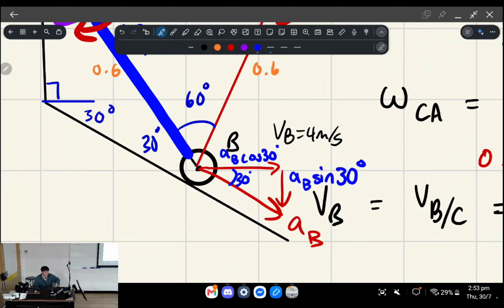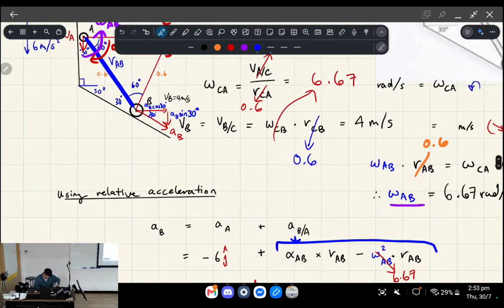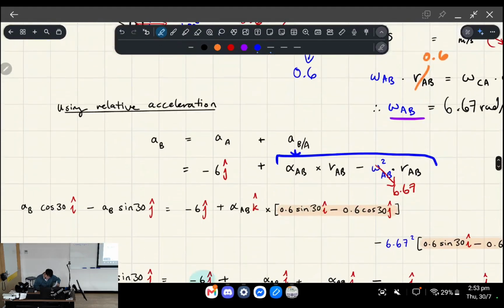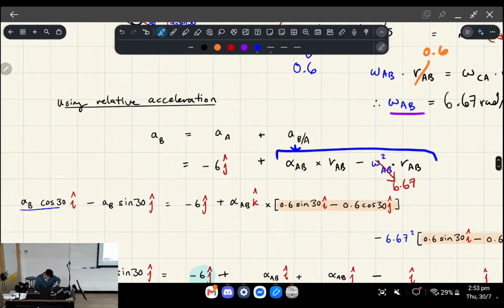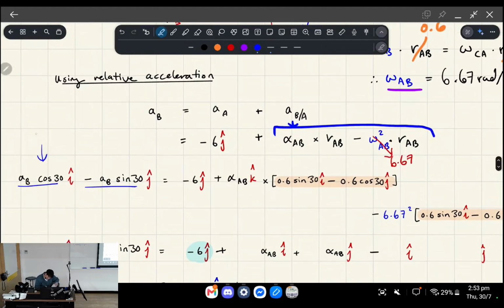Why we've split it up into its horizontal and vertical is because, as you can see with the unit vectors, it is useful for us in a bit when we're comparing just the directions to use unit vectors. So here's the horizontal component, and here is the vertical component. It's going down for acceleration.